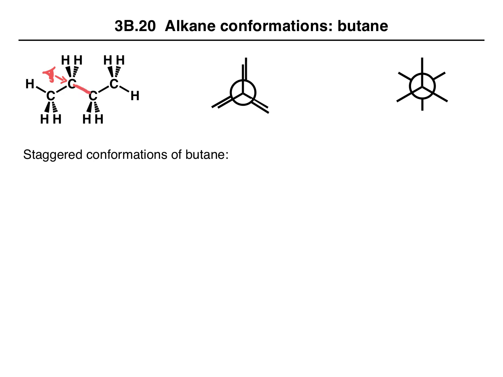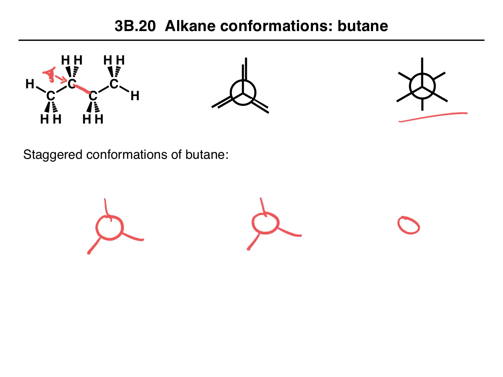So on this slide, let's just focus on the staggered conformations. I'm going to draw 3 frameworks for Newman projections. So if we have 1, 2, 3. On our back carbon, we can have a bond up, down to the left, down to the right.